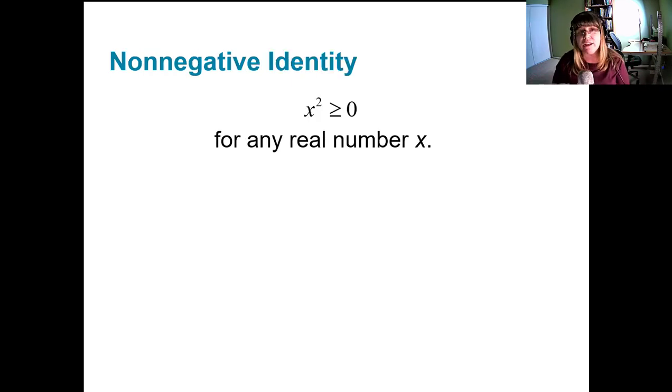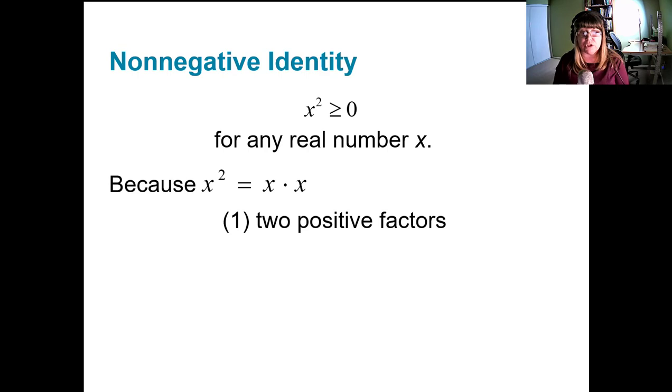All right, a non-negative identity. That's where x squared is greater than or equal to 0 for any real number x. It's because x squared is x times x, and you have one of three cases. One, you have two positive values, so if x is 2, you have 2 times 2, and positive times positive is a positive.